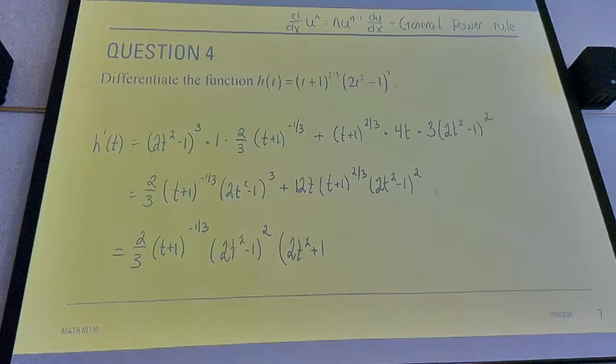First term we leave is the 2t squared plus 1. Plus factor of 2/3 out of 12. 12 divided by 2 is 6, times 3 is 18.